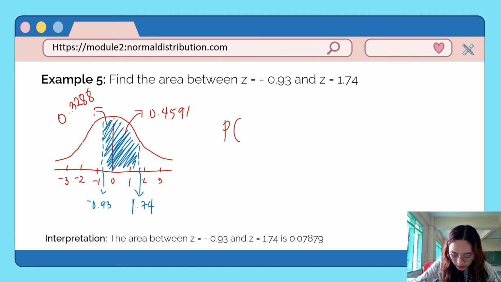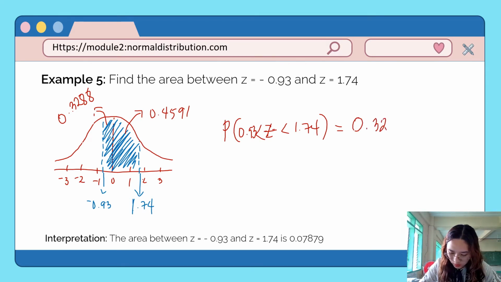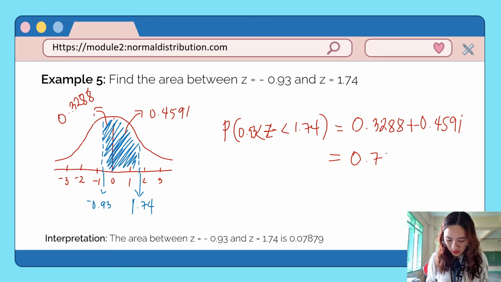So, probability z less than 1.74 greater than negative 0.93. Ayan. So, pag-add lang. 0.3288 plus 0.4591. 0.7879. So the area between negative 0.93 and 1.74 is 0.7879.